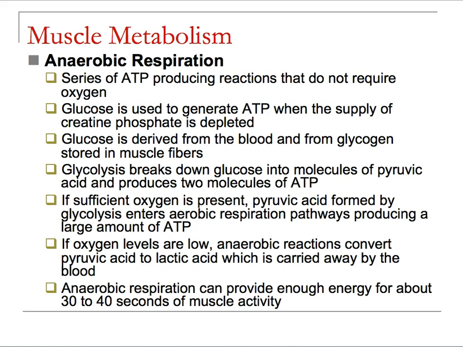So I've already explained to you what's going to happen here during anaerobic breakdown. But what I want you to do is pay attention to the fact that I'm showing you in great detail here that somehow glucose is used to generate ATP. It can be derived from blood as well as glycogen stores. In AMP2, you can learn how we mobilize glycogen using glucagon. Okay?